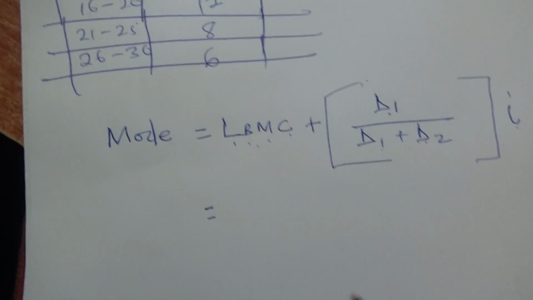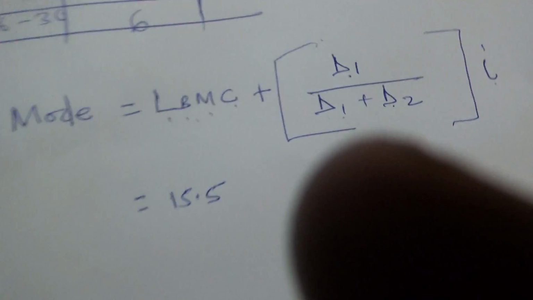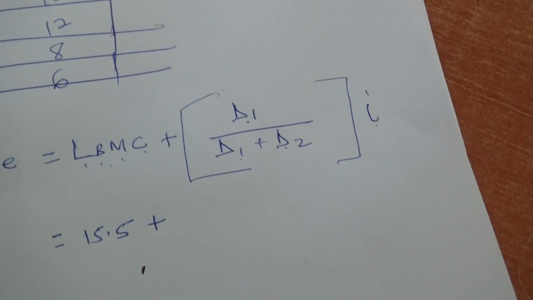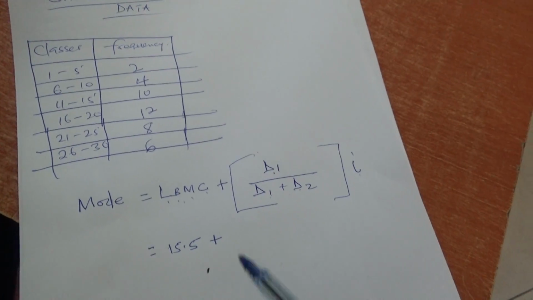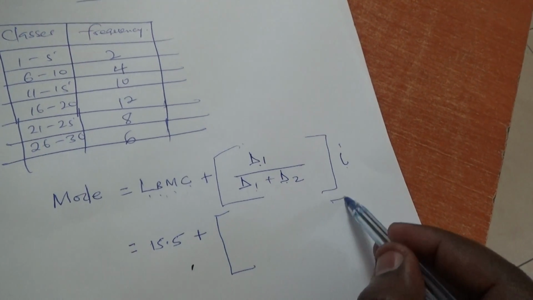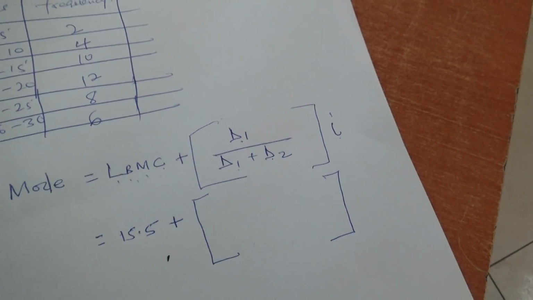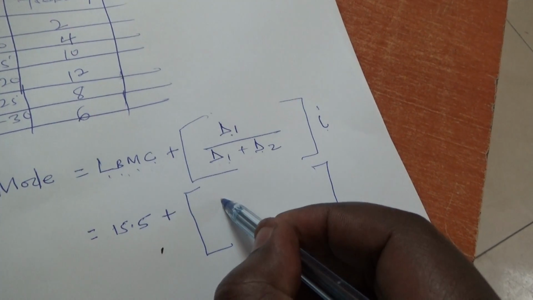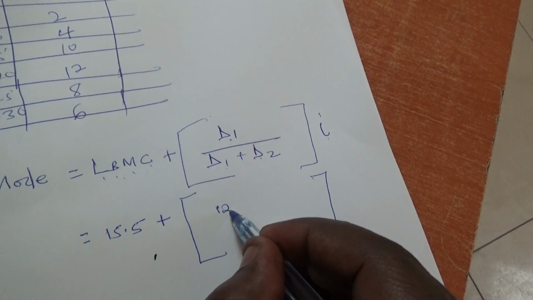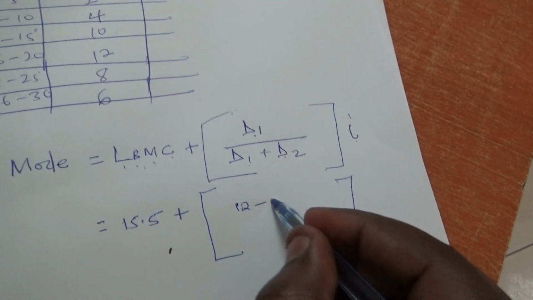So the lower boundary obviously is going to be 15.5, plus d1, which we said is the modal frequency minus the frequency immediately above it. So it's going to be 12, which is the modal frequency, minus the frequency immediately above it, that is 10.